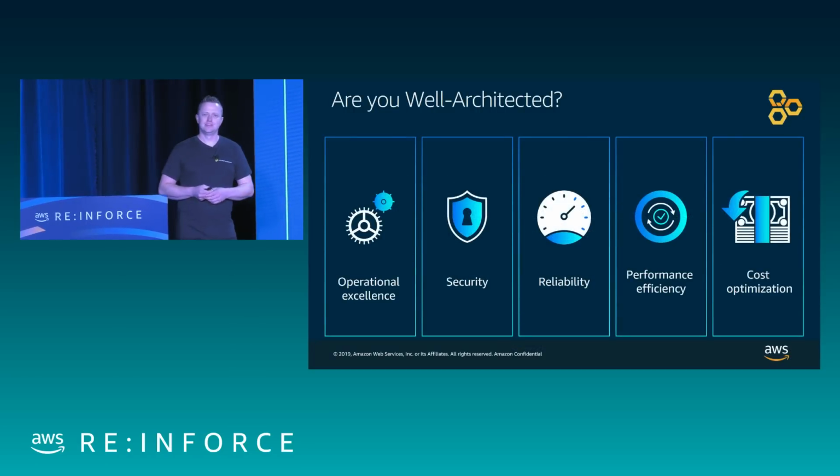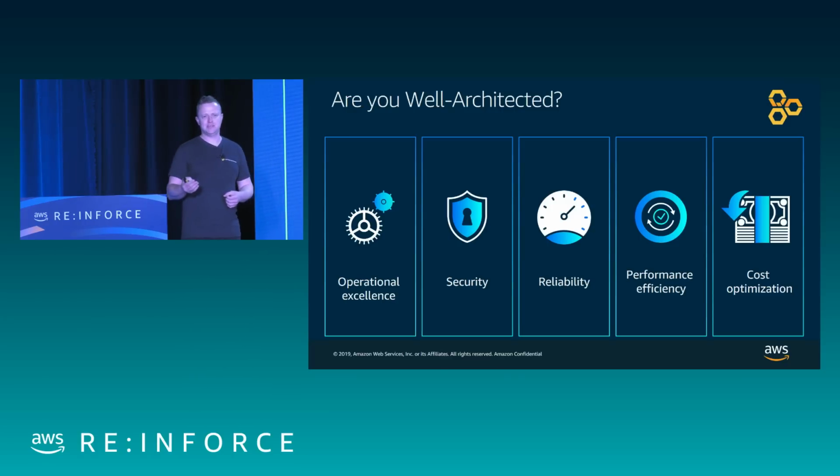So, I'd like to ask the question, are you well-architected? There's 5 pillars of well-architected. We start off with operational excellence. It's really good to know what your business priorities are and how you operate your workload. And when I say workload, I mean a group of applications that delivers a business value, right?